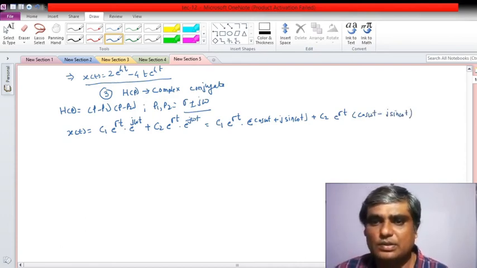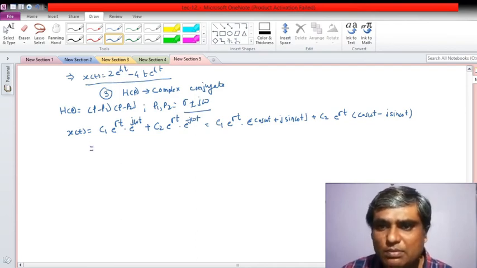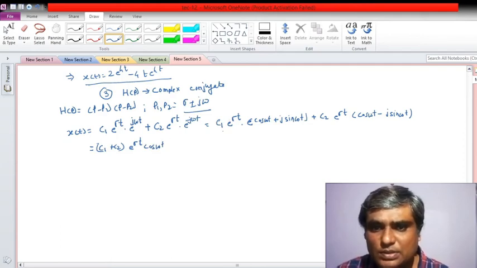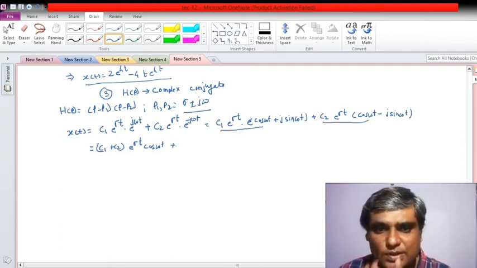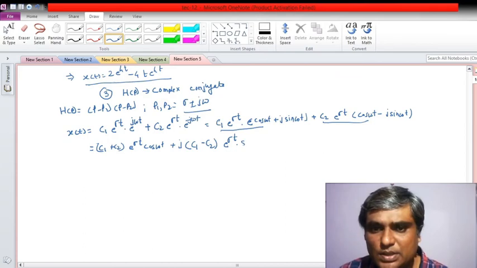Okay, so let me combine this. This will be (c1 plus c2) e^(sigma t) cos omega t, right? This and this I'll combine, plus j(c1 minus c2) e^(sigma t) sin omega t.